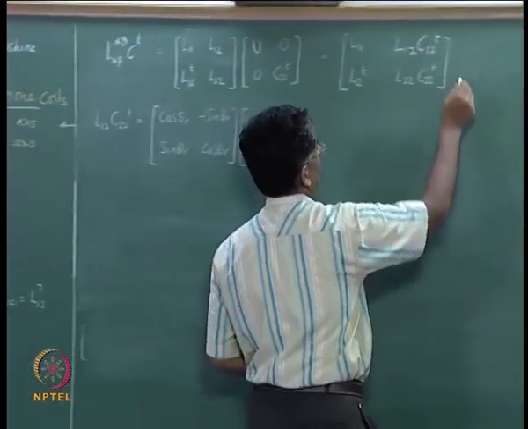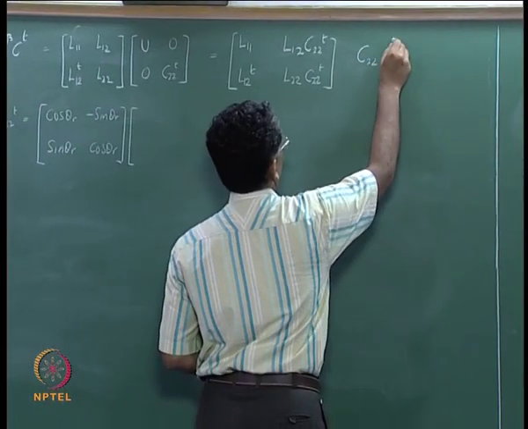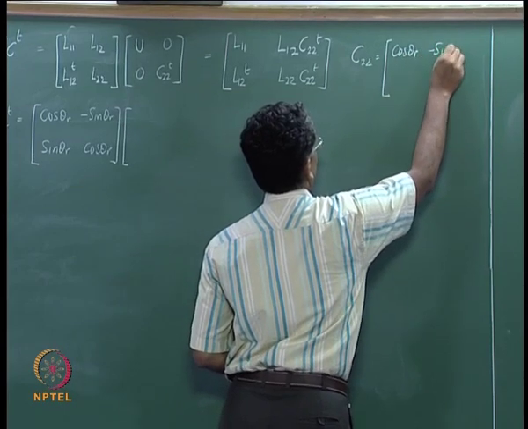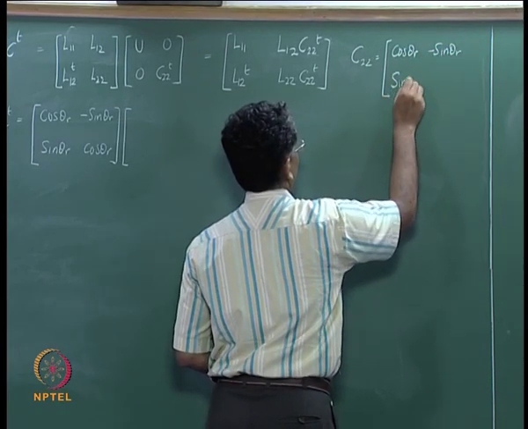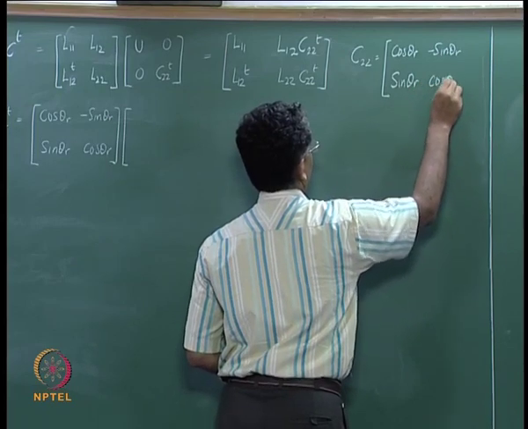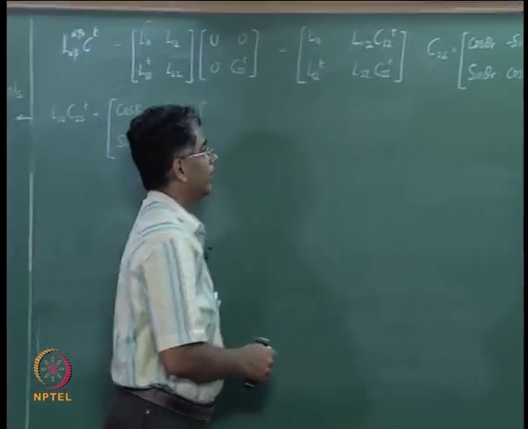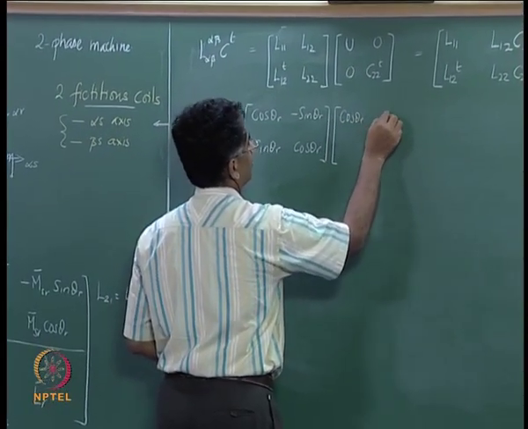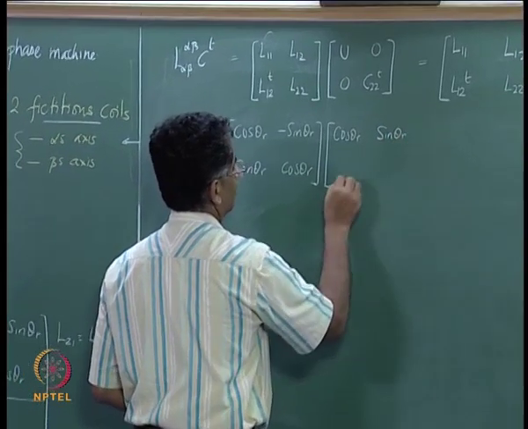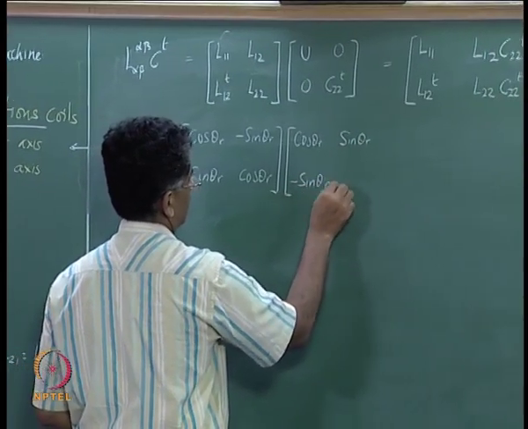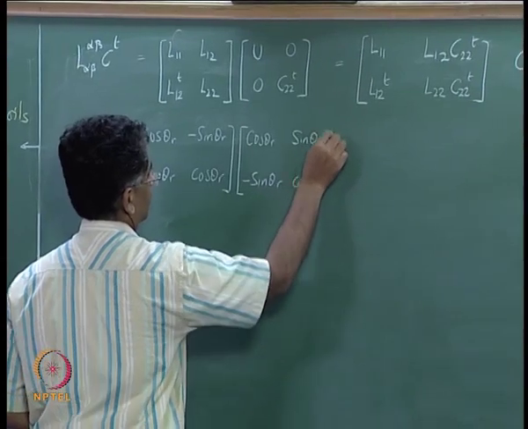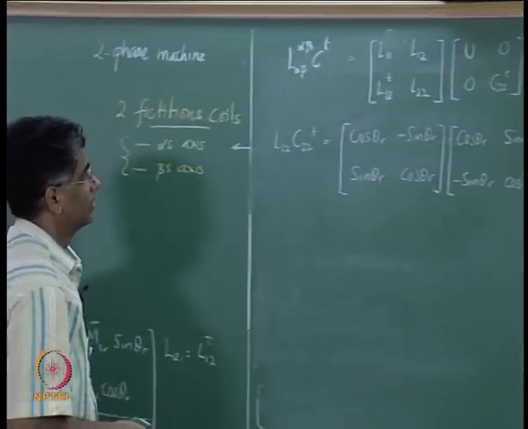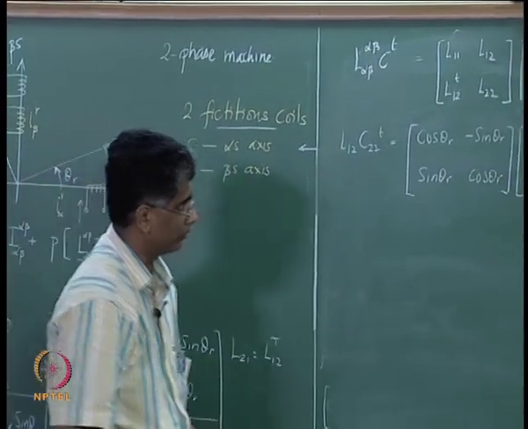So let me write the C22 matrix here. C22 was cos theta r minus sin theta r, sin theta r and cos theta r, and therefore the C22 transpose matrix is cos theta r sin theta r, minus sin theta r and cos theta r. This whole thing multiplied by MSR bar is this term L12 into C22 transpose.